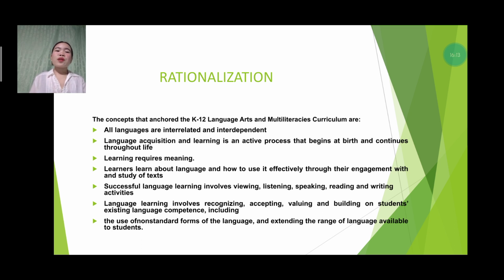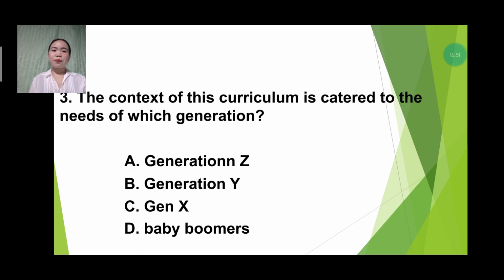Next, successful language learning involves viewing, listening, speaking, reading, and writing activities. Next, language learning involves recognizing, accepting, valuing, and building on students' existing language competence, including the use of non-standard forms of the language and extending the range of language available to the students. So, those concepts mentioned are the concepts that anchor the K-12 language, arts, and multiliteracy curriculum.